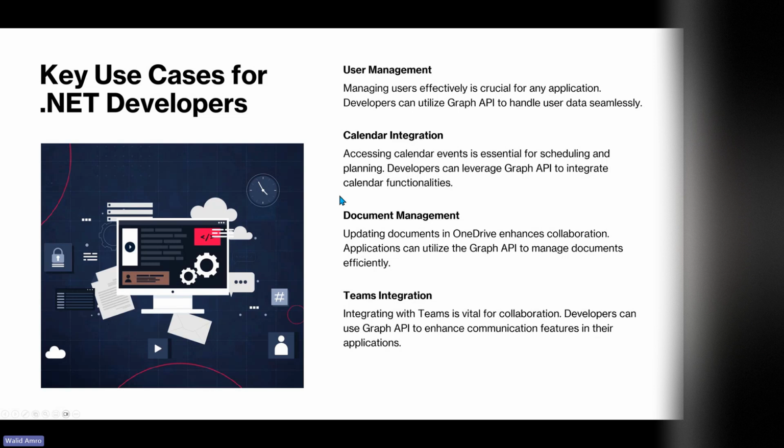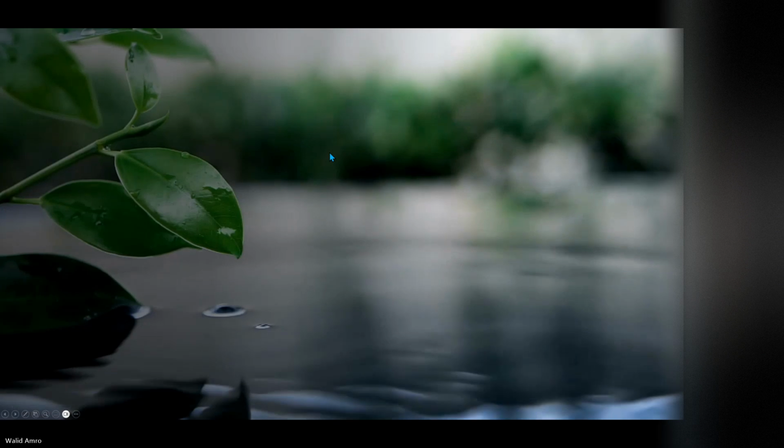We talked about document management. Let's say you want to upload some documents to OneDrive, you could do that. You could also create a calendar appointment or a meeting from your application through Graph API.